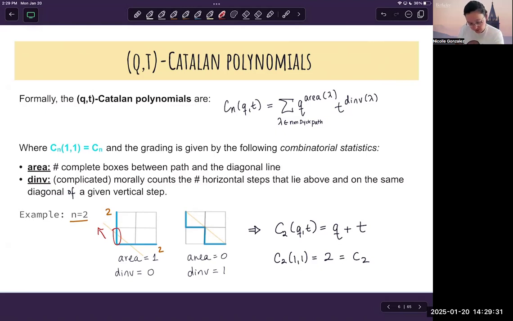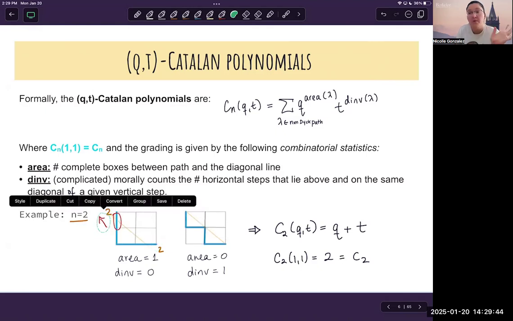So above it, to the left, there are no more horizontal steps, so it doesn't contribute anything. Likewise, if I were to slide this up without messing up my path, my next vertical step is this one, but once again, above it there are no horizontal steps, so I get a dinv of 0.